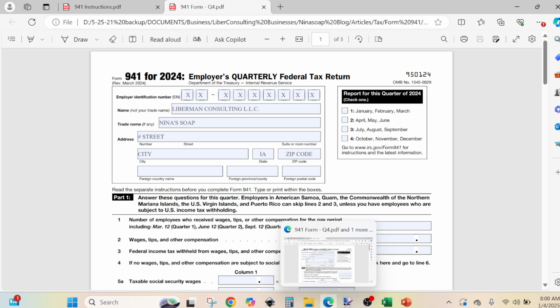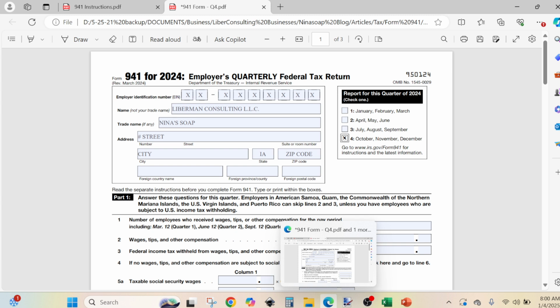You enter your business legal name the way it is on the EIN application form. If you have a trade name, you enter your trade name as well and your business address. At the right side, they have the quarter you are filing for. And since we are practicing quarter 4, we are going to check October, November, and December.